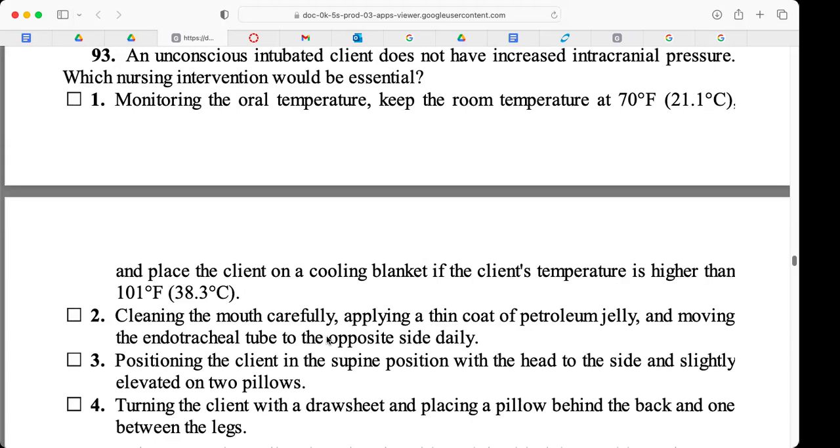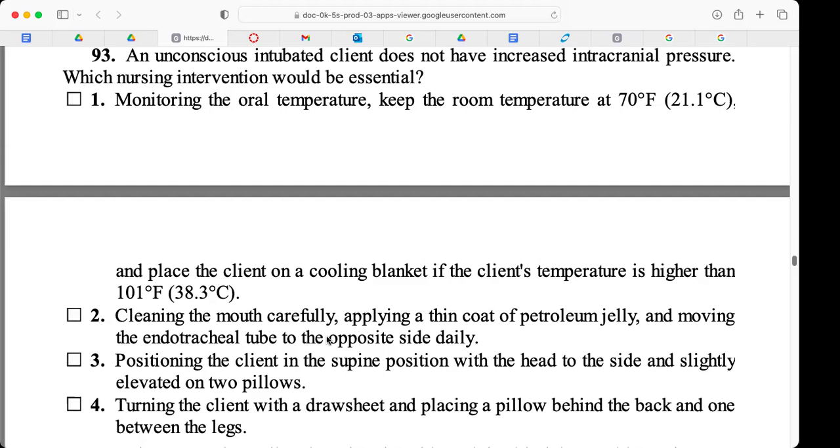Right? Aspiration increases the risk of pneumonia. And isn't there a type of pneumonia called aspiration pneumonia? Yes. So we don't want to lay them flat. If he can't protect his airway, we always aim to position the unconscious client in semi-Fowler's, correct? Okay. So we can cross 3 out.